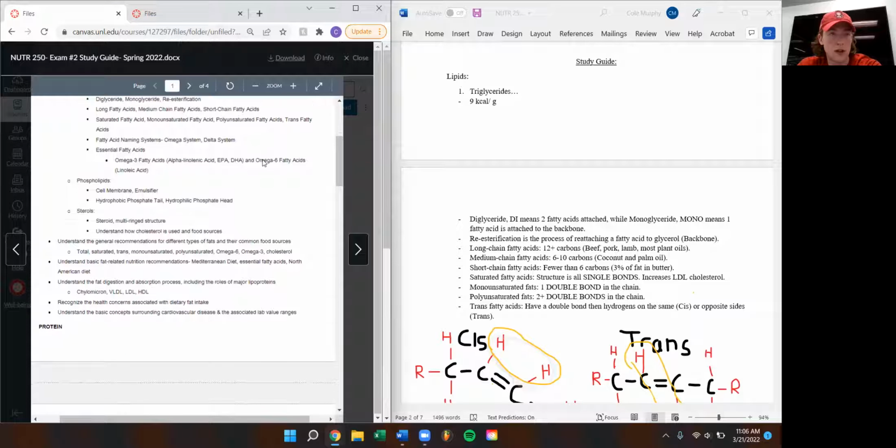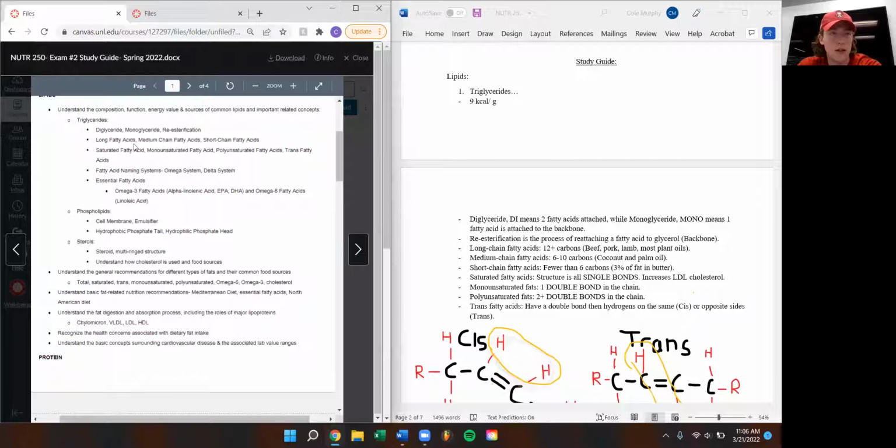Moving along, we got long chain fatty acids, medium chain fatty acids, and then short chain fatty acids. So here is just going to be remembering the number of carbons associated with each of these fatty acids. So long chain is going to be 12 or more, medium chain is 6 to 10, and then short chain are less than 6.